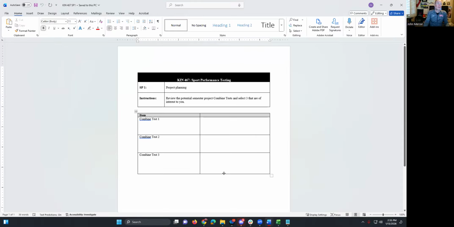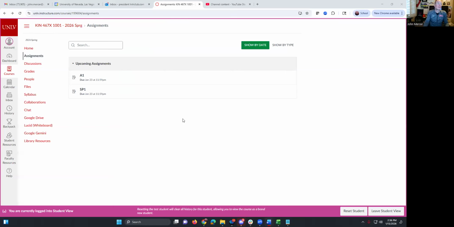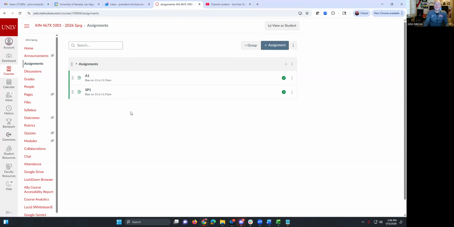Put the test in here, just a description of it, and upload this document, and that is your semester project 1. Later on in the semester, we'll narrow it down to 1 test that you're going to zero in on. Each week you'll have an assignment 1 and an SP1 that you have to upload by Friday of that module.